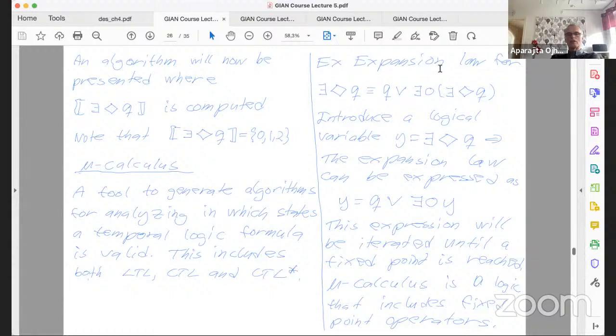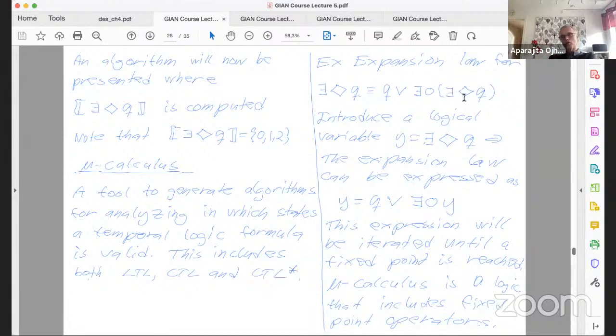And this is what is called an expansion law for this existence of eventually Q. This is equivalent to either Q is already true, or there exists a next time instance where this existence of eventually Q is true.